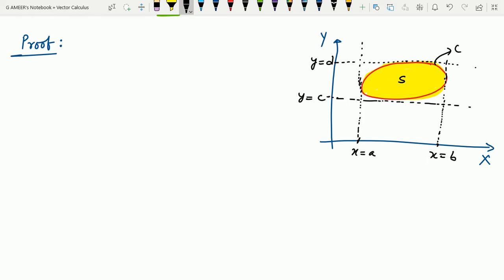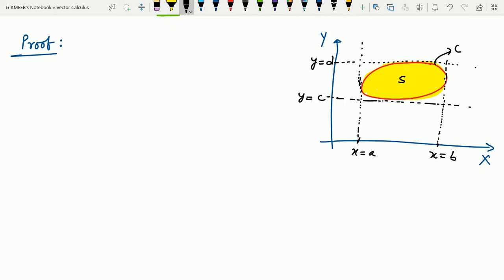Okay, so I have taken lines. Let any line parallel to either coordinate axis cut the curve C at most 2 points. I have drawn the curve, and then the lines x equal to a, x equal to b, y equal to c, y equal to d.